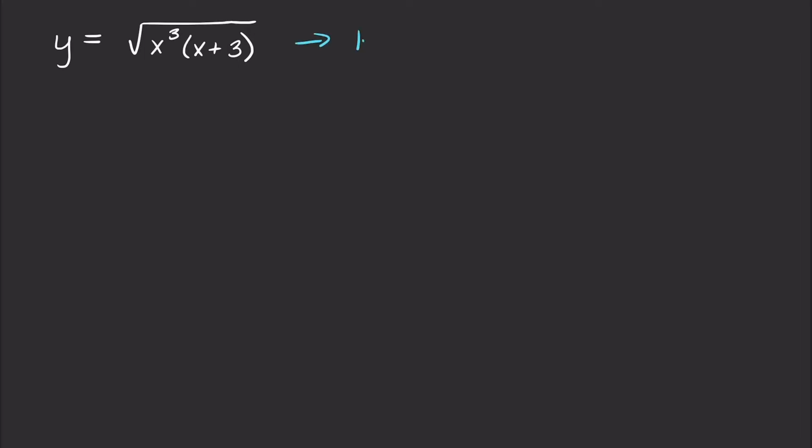So when we do that, we get the natural log of y equals the natural log of the square root of x cubed times x plus 3. And now we can use the properties of logarithms to keep simplifying this until it's really easy to take the derivative.